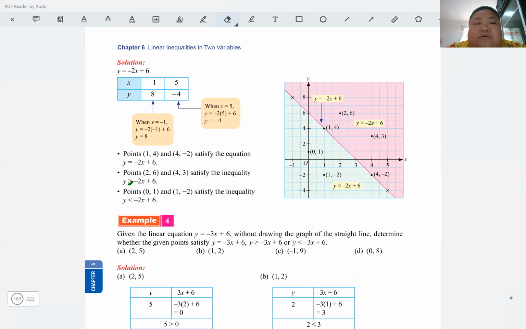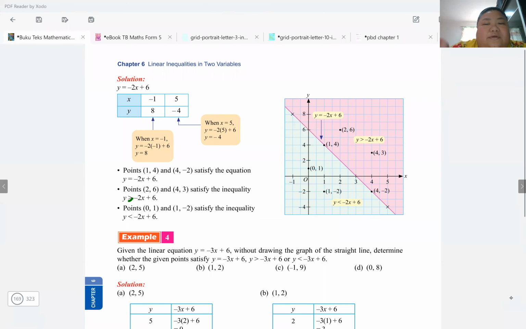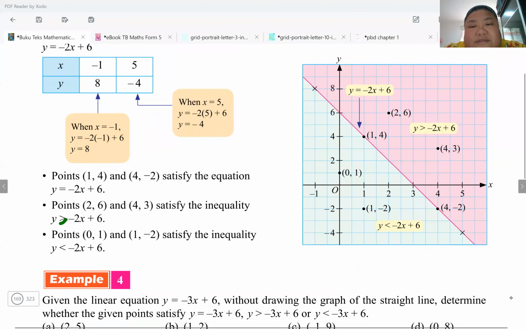If you want to use negative 1 and 5, also can, no problem, because the straight line is the same. I said just now (0, 6) and then (2, 2). See, you still get the same one.